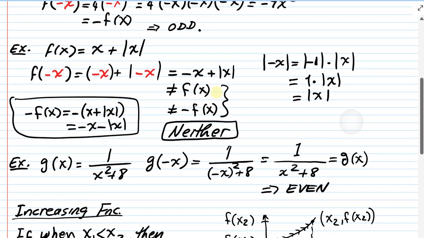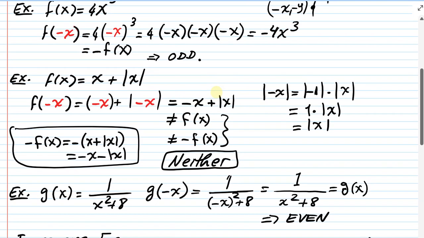And remember, a function may not be symmetric with respect to the x-axis because it defies the definition of a function. If you have a relation that's symmetric with respect to the x-axis, that means you have a relation that fails the vertical line test. So we don't test for symmetry with respect to the x-axis, not for functions.